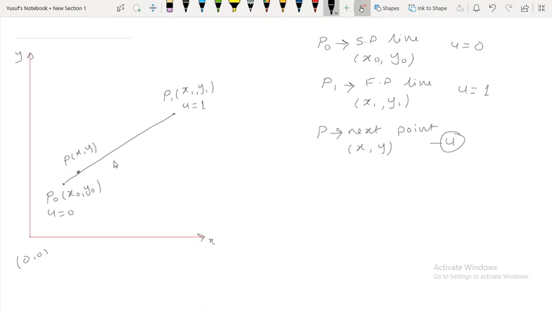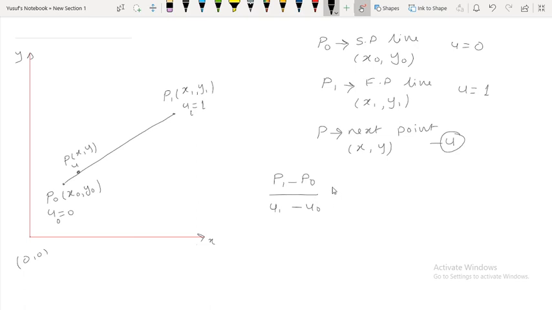So you have to use the interpolation formula. So p1 minus p0, the end point minus the start point, divided by the parameter values u1 minus u0. It is u0 at the start point, and u1 at the end point. In between the value is u, which is 0.1, 0.2, 0.3.